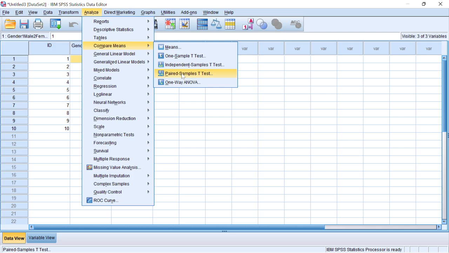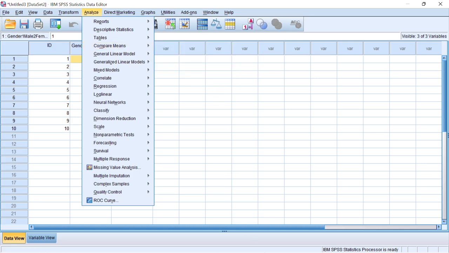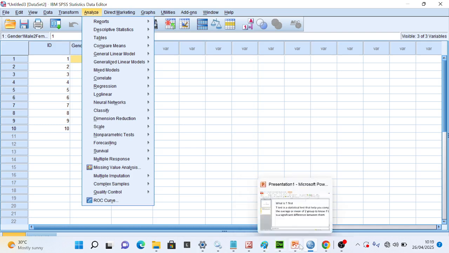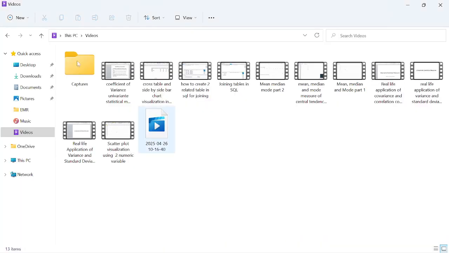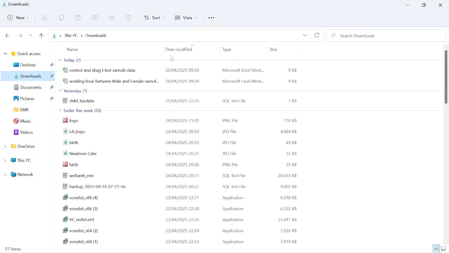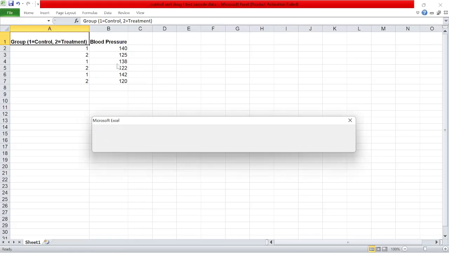So let's quickly go to the business of today. I'm going to show you the two major datasets I'm going to use to quickly teach you the t-test in this class. Let me quickly open them so that you can see them. The first one is working hours between male and female.